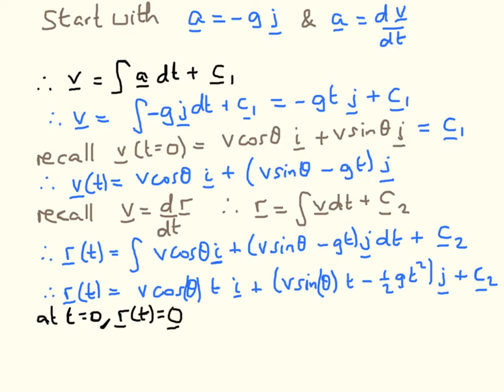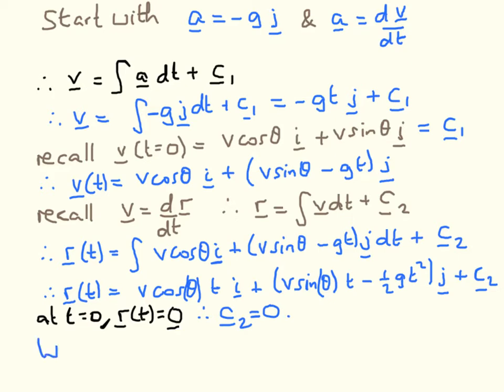So this tells us, if we put t as naught, well this vanishes, and this vanishes. So since this has got to be the 0 vector, it tells us that our integration constant c2 is itself 0. So therefore we obtain our result.